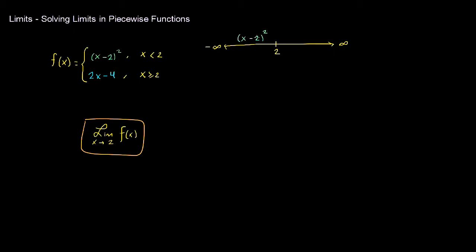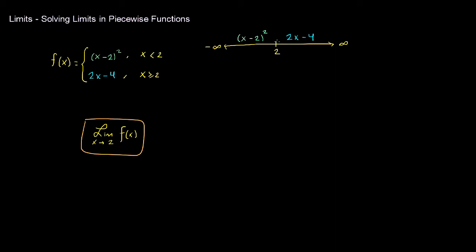That is to say that no matter where the f of x is, as long as it's lesser than number 2, it will behave like this, using this statement here. Now, after the number 2, we'll be using this one here, 2 times x minus 4, because we can see it from this condition here.